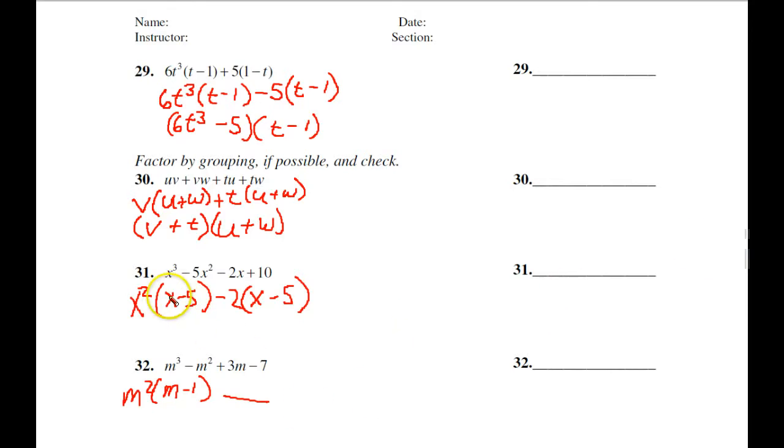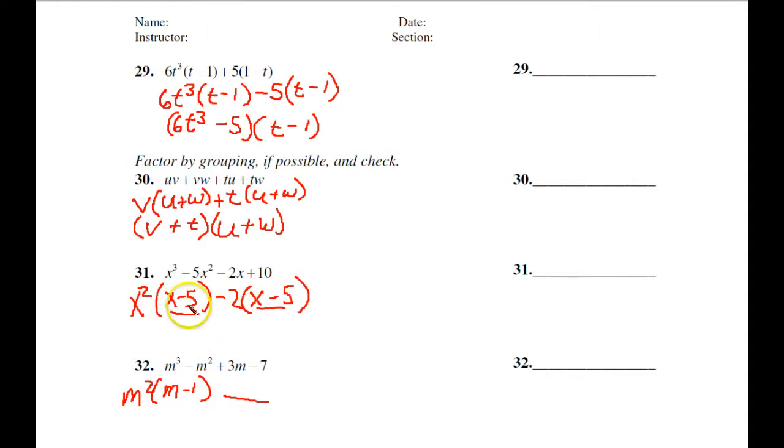So in number 31, I can factor out an x squared here. Get this. But now notice the signs don't line up. But if I factor out a -2 from each of these, as we had some practice with, I end up with a common factor.